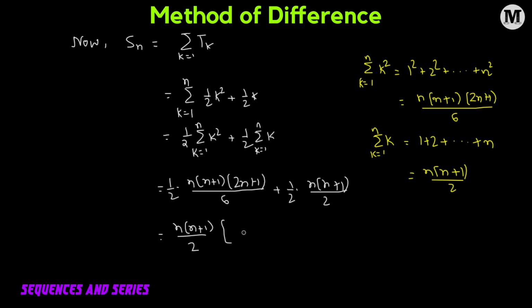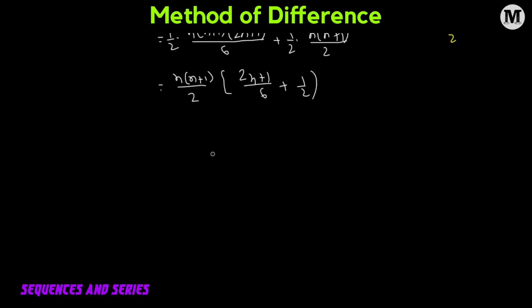So here we will be left with 2n plus 1 divided by 6 added to 1 half. Fine. So that is now going to give us n multiplied to n plus 1 divided by 2, multiplied to 2n plus 1 added to 3 over the common denominator 6. So that gives us n multiplied to n plus 1 divided by 2 multiplied to 2n plus 4 over 6.